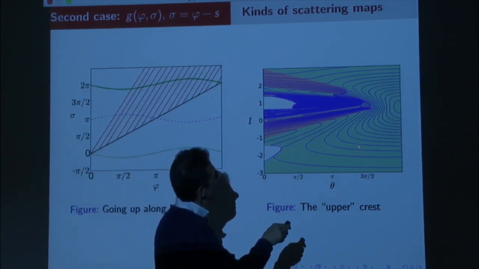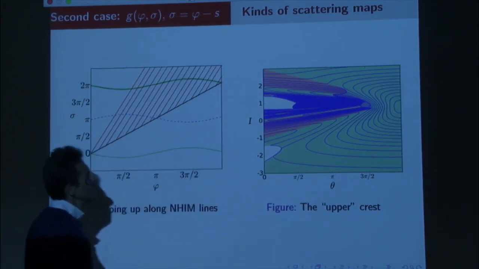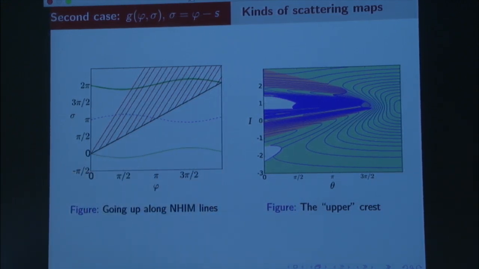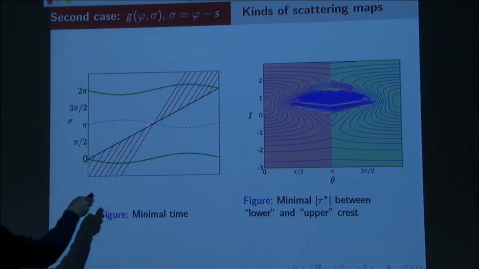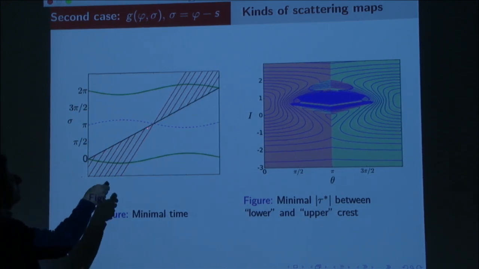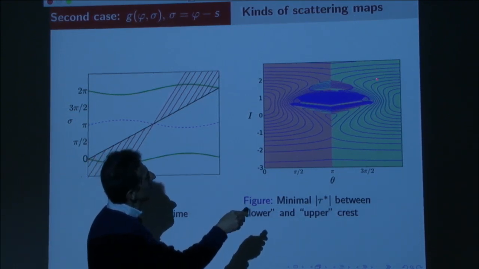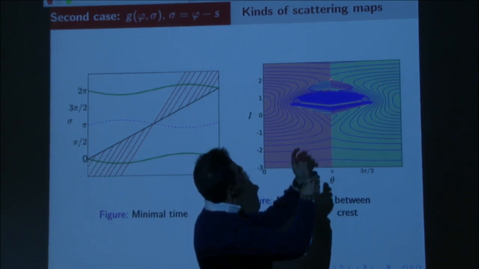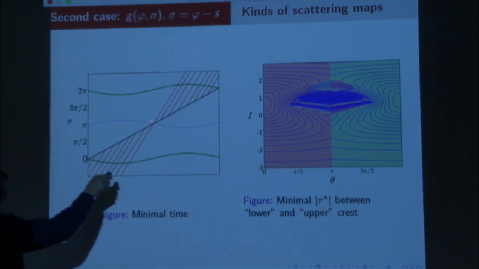So following the scattering map, I have a lot of zones where it increases, but I also have other parts where it does not work very well. Other possibilities: we can say half of the trajectory is going down and the other half going up, and let's see what happens. In this case, I have all this nice part where this is going up and this is going down. But I'm not doing things in a good way, because there is another crease.